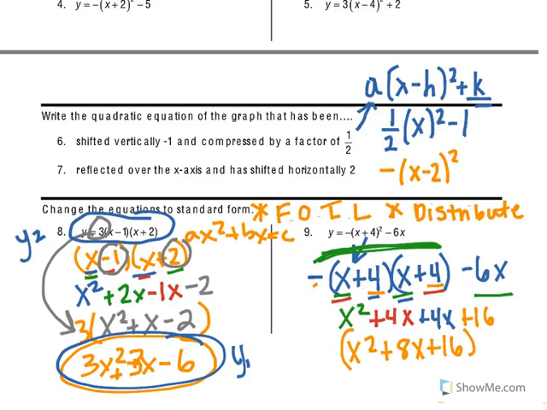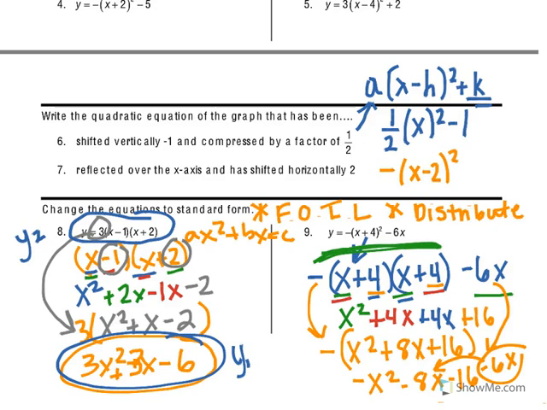Now you can distribute that negative that you had on the outside. So negative x squared minus 8x minus 16, and then you have to subtract that negative 6x. So this changes when we subtract that from here. Negative 8 minus negative 6 is going to give us a negative 2.